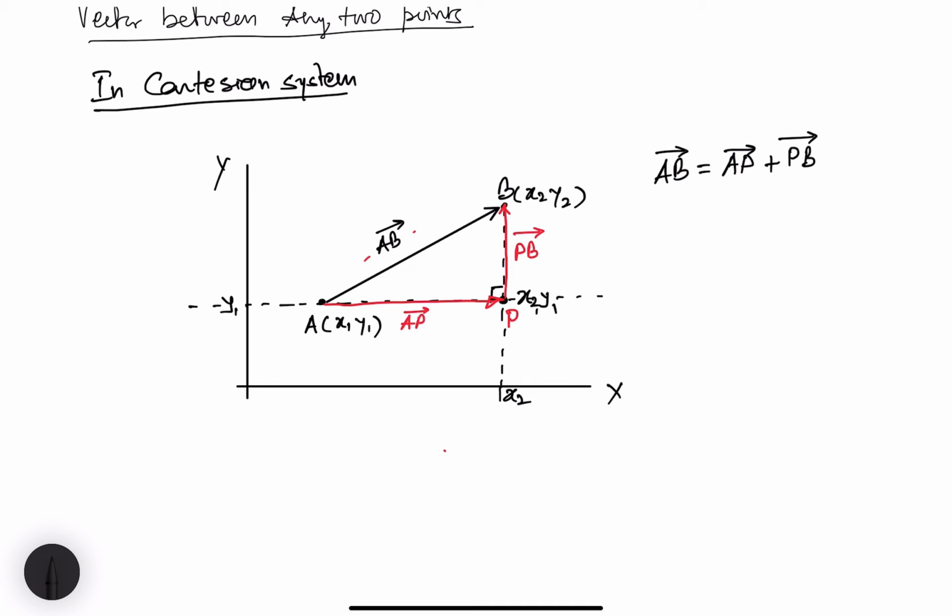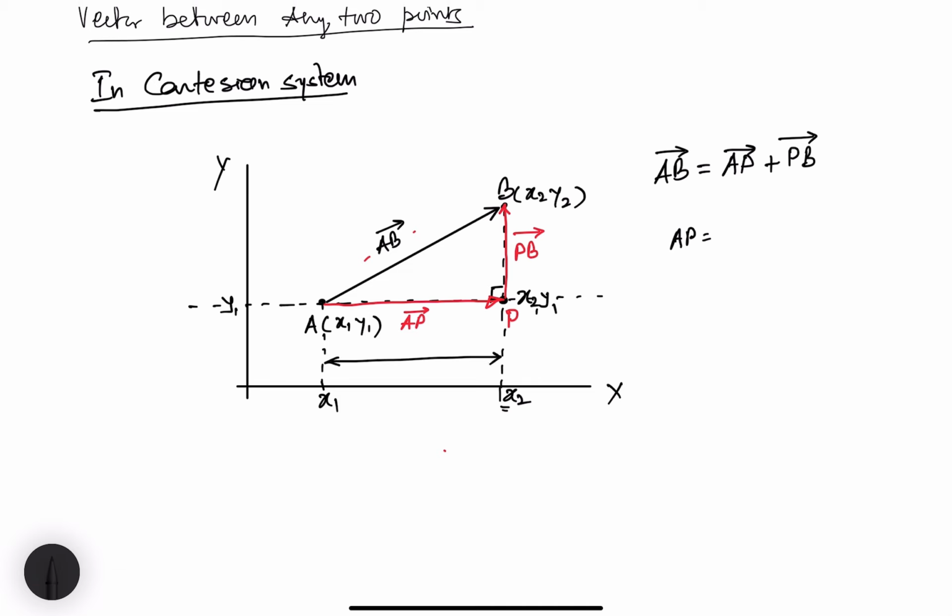Now we need to find out what is AP and therefore also what is PB. To find out what is AP, we will first find the length of AP. What is the length of AP? So you can now see this, no, not Pythagorean. This is x1 and this is x2. So the length of AP is in between the two, correct?